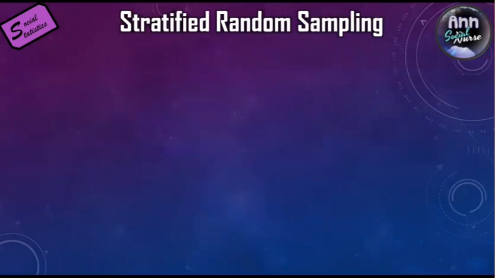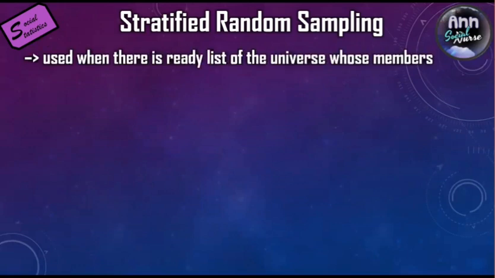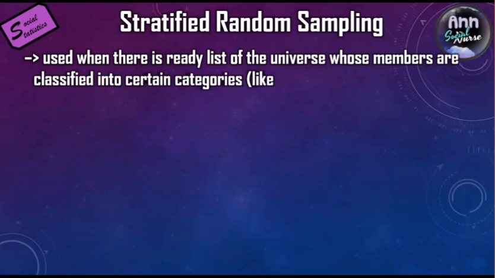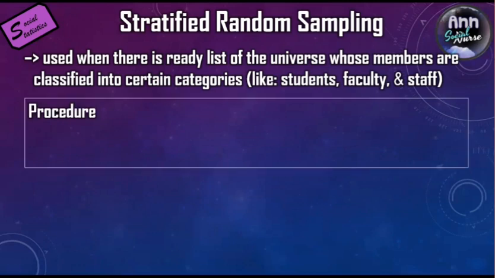Now, stratified random sampling is used when there is a ready list of the universe whose members are classified into certain categories, like the category of students, faculty, and staff, as in the case of MSU constituents.